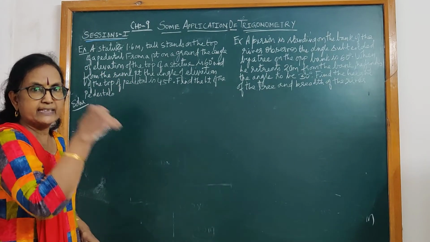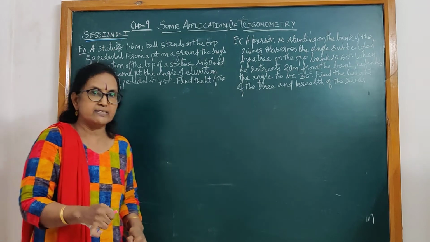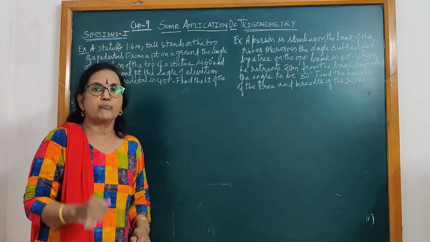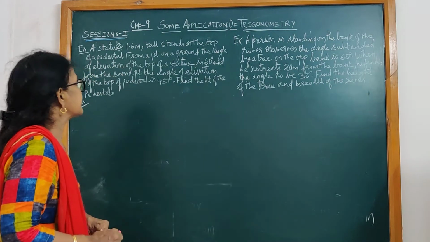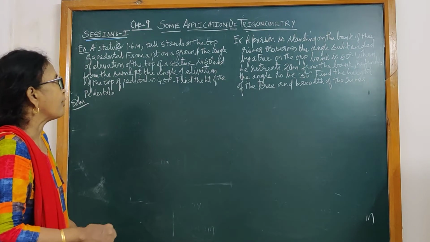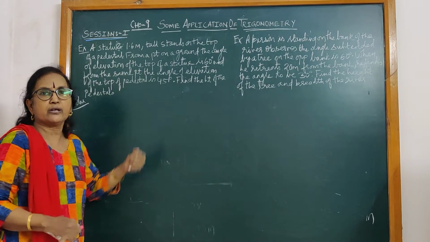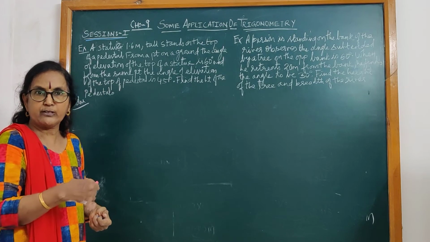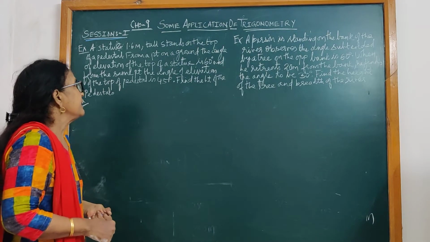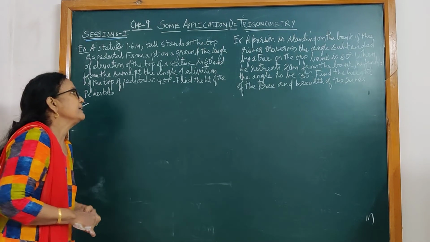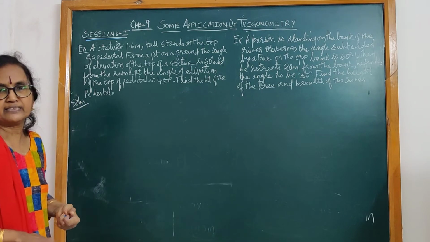You are looking at the statue, angle of elevation means you are looking from the ground upward, 60 degree. And from the same point, the angle of elevation of the top of the pedestal, you are looking at the top of that stand, it's 45 degree. Find the height of the pedestal.